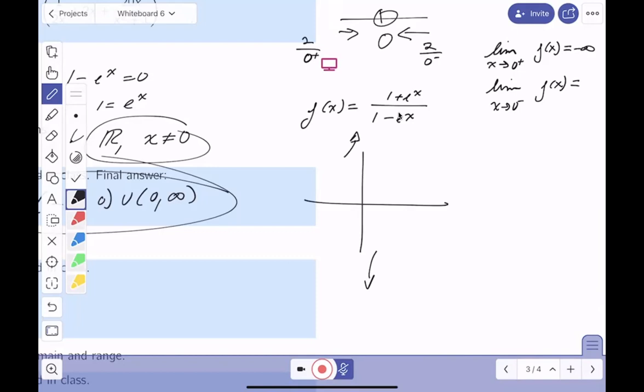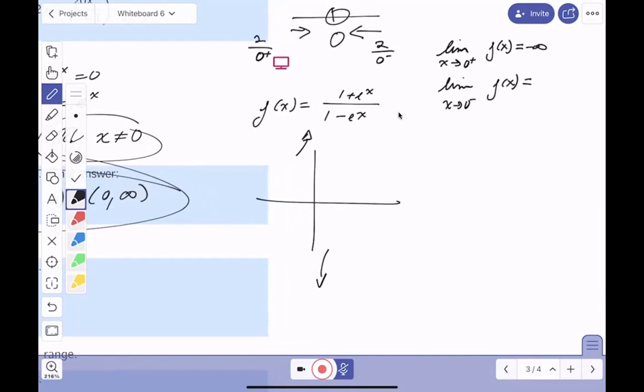All right. So the next question is like, what happens in between? I don't know. I guess I should take a look at limit as x goes towards infinity. Right? And what would you get over there?